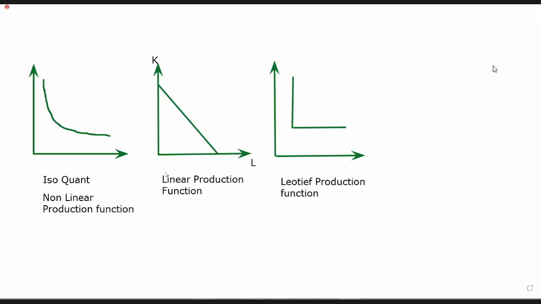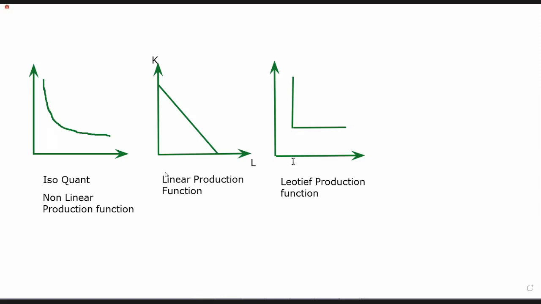fluently flowing, right? Then in this L-shaped one, when the inputs are perfectly complementary, it takes the L shape. So don't go for a lengthy definition here. Just write it: when the inputs are perfectly complementary, you get an L type of production function and also an L type of production curve.